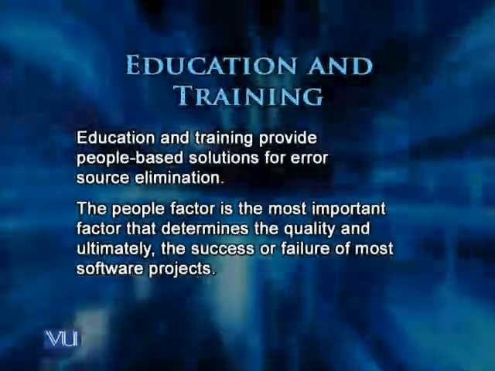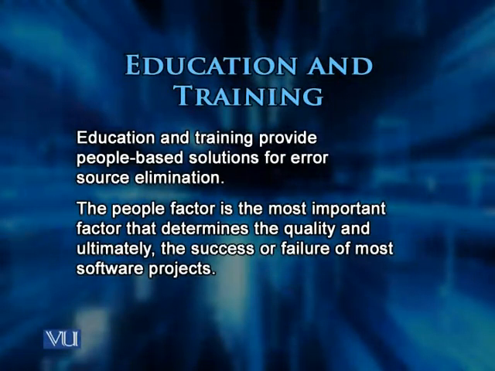The people factor is the most important factor that determines the quality and ultimately the success and failure of most of software projects. And so by providing education and training to the people working on software projects, we are improving the quality of the software directly.